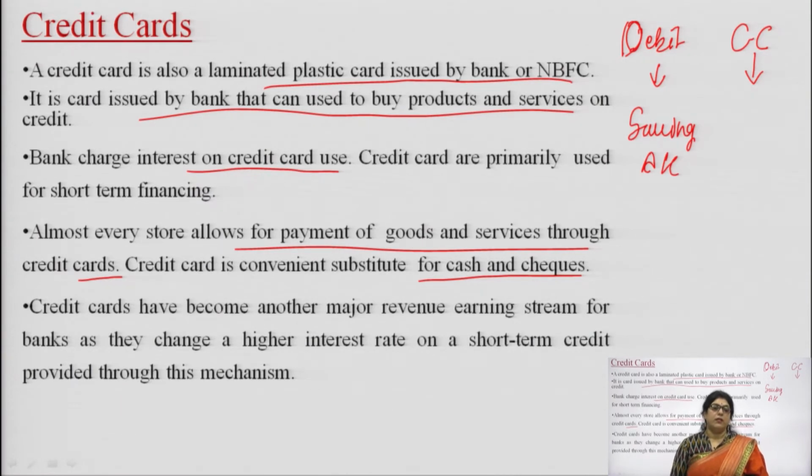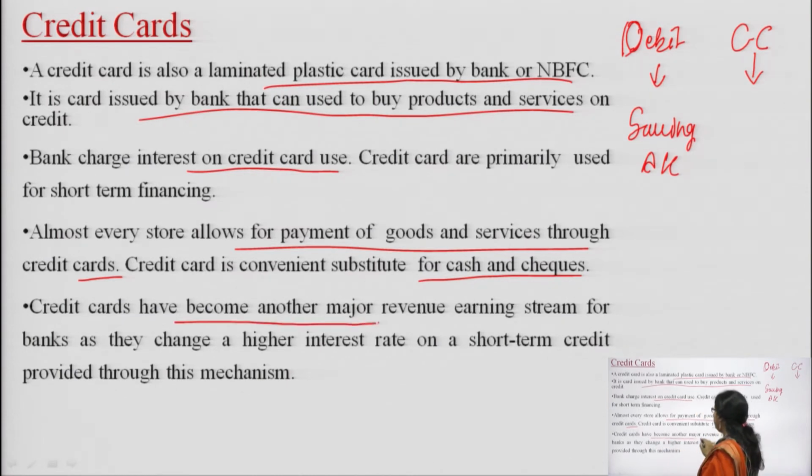By swiping, the amount will be transferred to the store where you are making the payment, to that store's account, so that you have no cash transactions. To minimize your cash transactions, you can use this card.